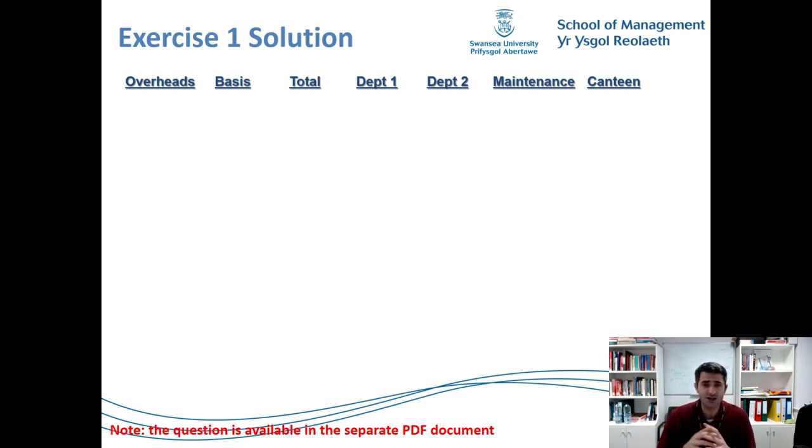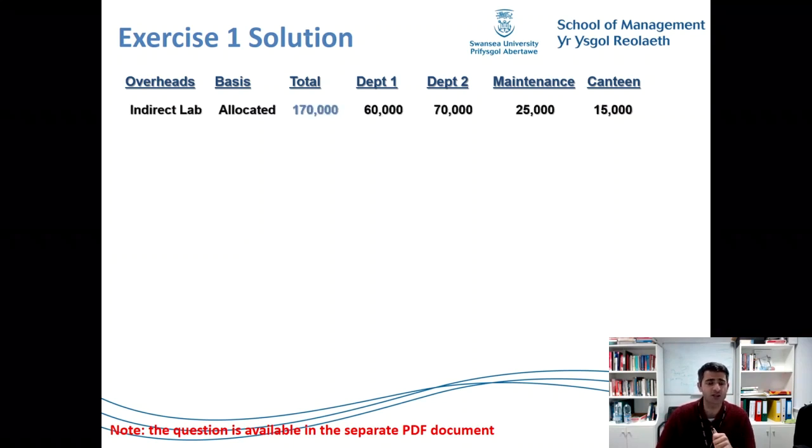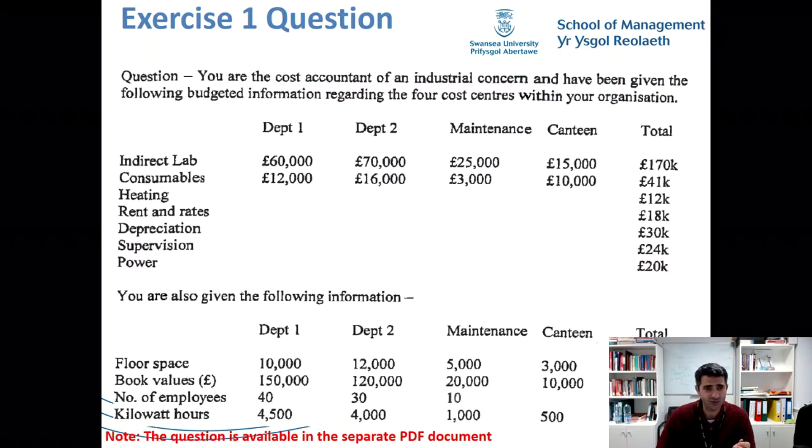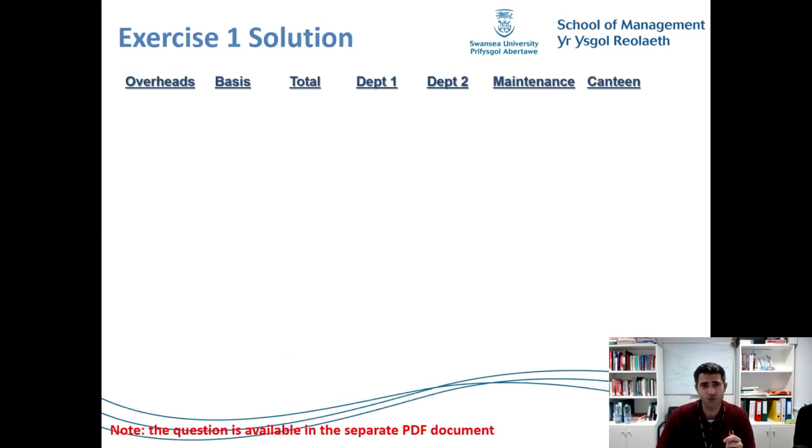Now let's start with the first one. The first overhead, if you remember, is the indirect labor, and the basis is allocated. Why is it allocated? Because the question allocated it for us, so it's easy. The total is £170,000, and again, you just copy paste the numbers, including indirect labor and consumables, which we did here.